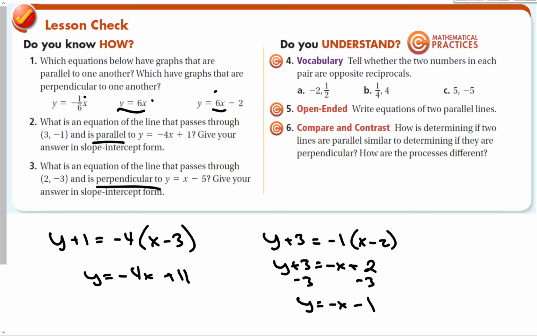Okay. Tell whether the two numbers in each pair are opposite reciprocals. Those two are. Those two are not. Those two are not. Now they are. Now they are. Okay. Write the equations of two parallel lines. That's easy.